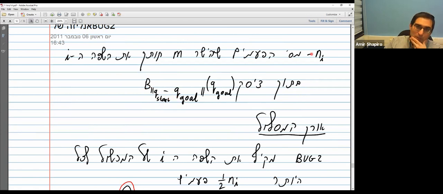So this is the number of times that the line M intersects the boundary of the obstacle between the start and goal.